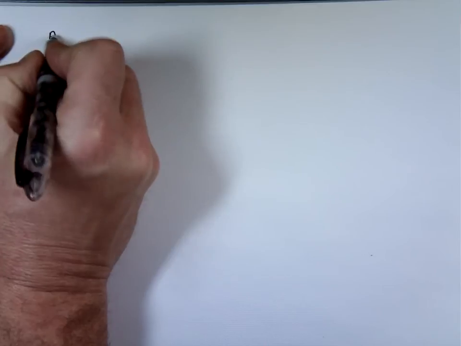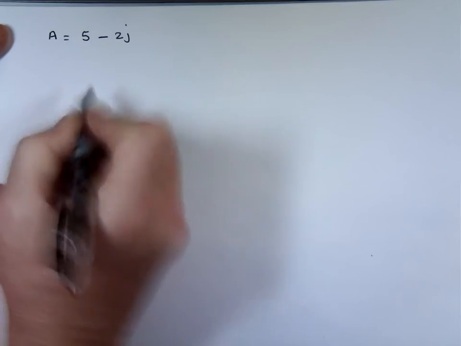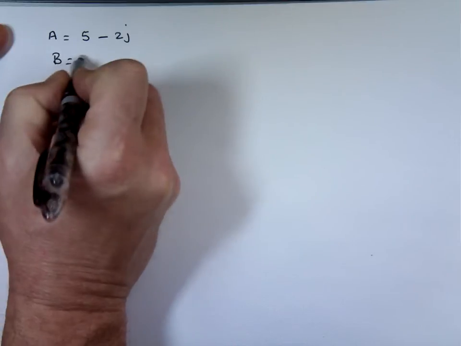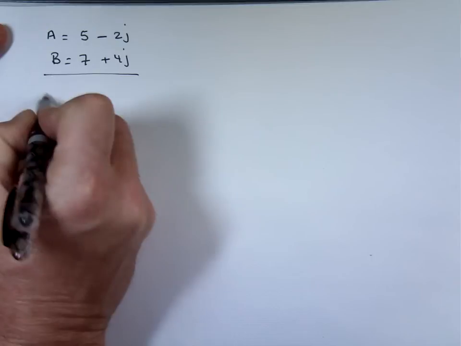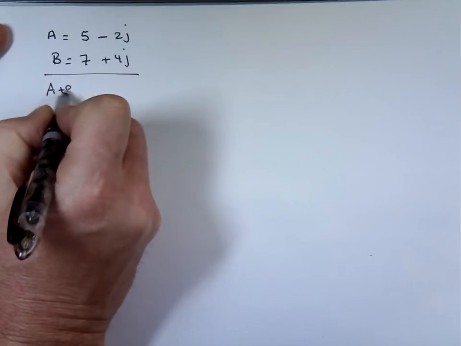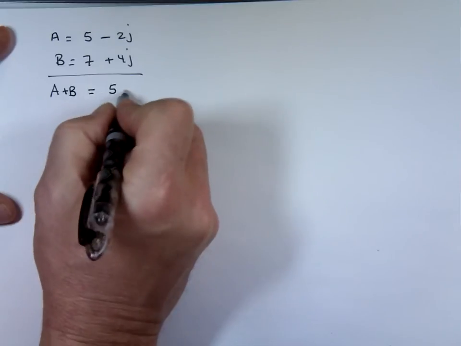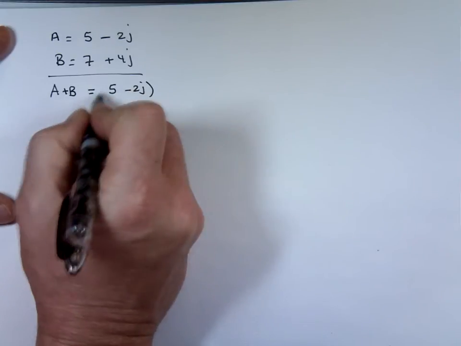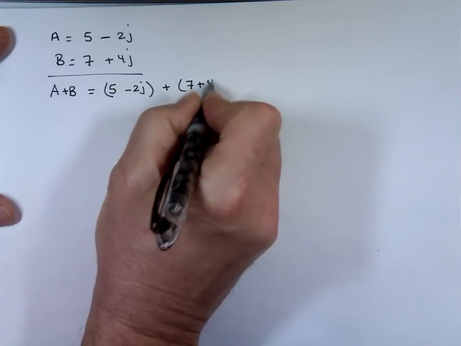If I take these two complex numbers, a equals 5 minus 2j, and b equals 7 plus 4j, and I want to add them, what is a plus b? That would be 5 minus 2j, add to it what? 7 plus 4j.